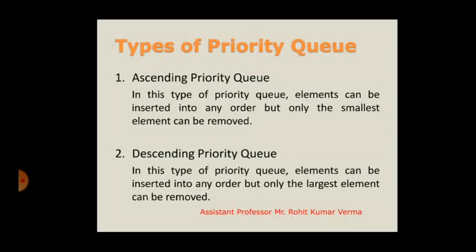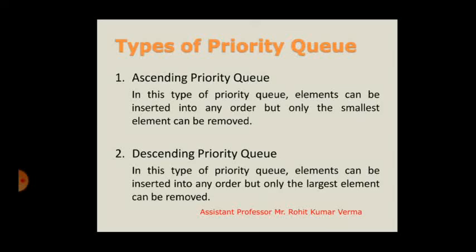So you have to remember you can insert an element in any order randomly, but whenever you are performing the deletion operation, you have to remove the smallest element first.